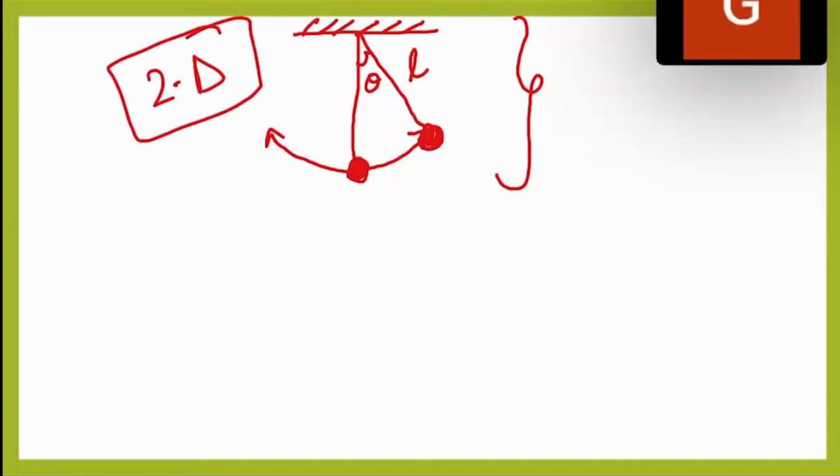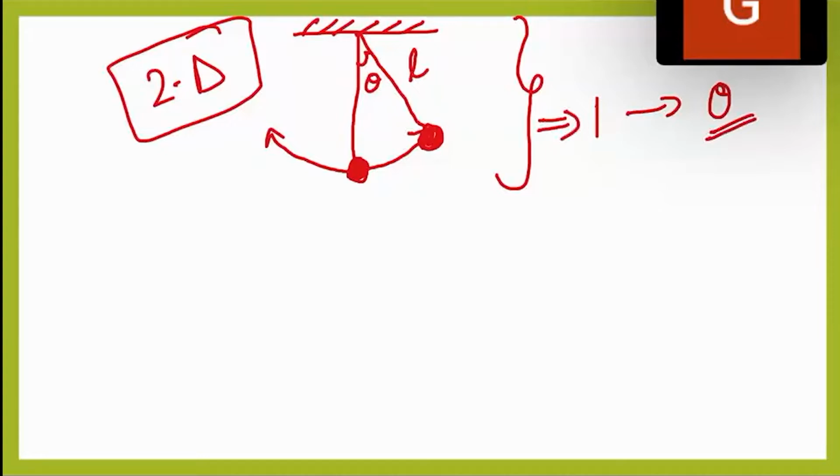By definition, generalized coordinates are those quantities which give you the full configuration of the system. That is why, if I know theta, I know everything about the simple pendulum. So the first step is done: I have identified the generalized coordinate, and we know the degree of freedom.